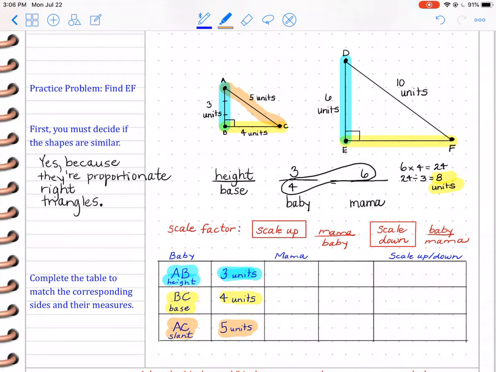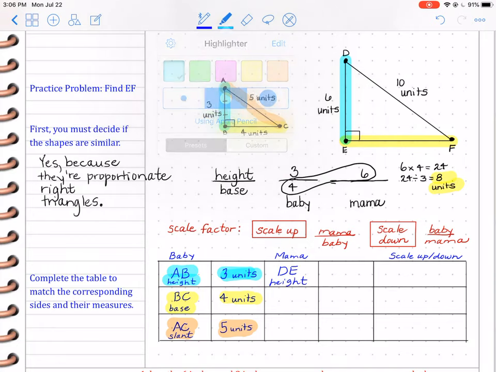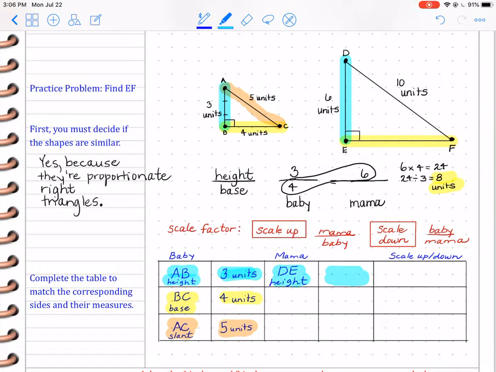Okay, so we need to fill in mama's corresponding units, the same units for mama. So mama's height is from D to E. That's called the corresponding side. That's mama's blue height. So what's this dimension? How tall is Mama? Well, Mama is 6 units.